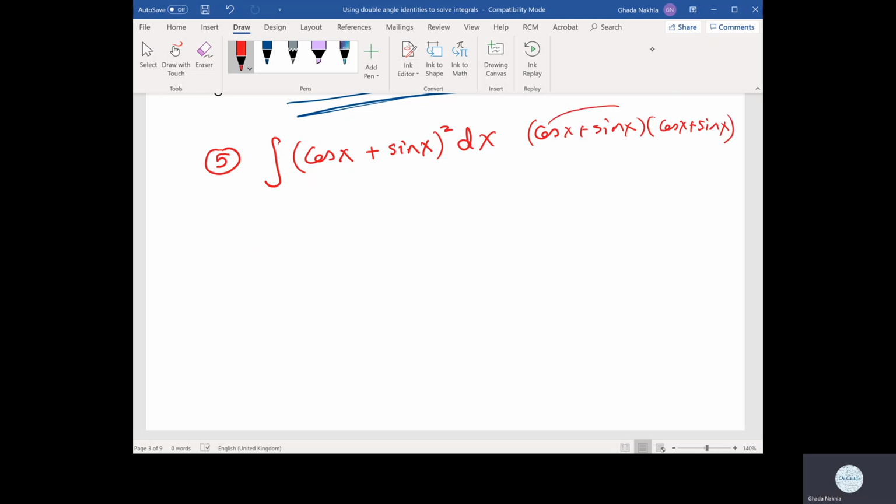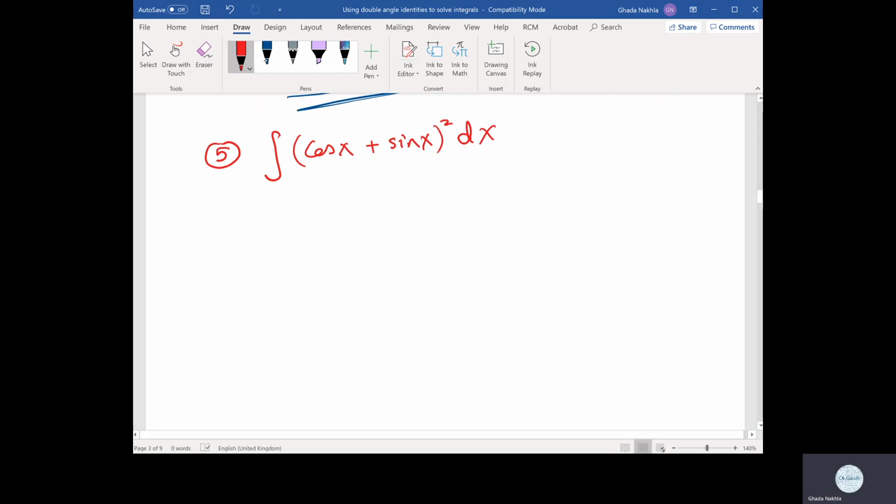And you can use FOIL, you can use Freddy Frog, you can use any method you've been taught in school. It's perfectly fine. So let's expand it, because I'm pretty sure you can expand it without having to do all that.